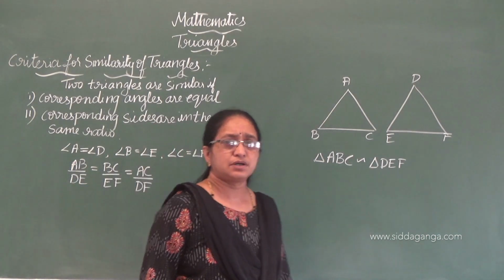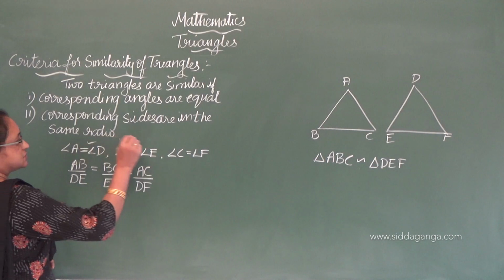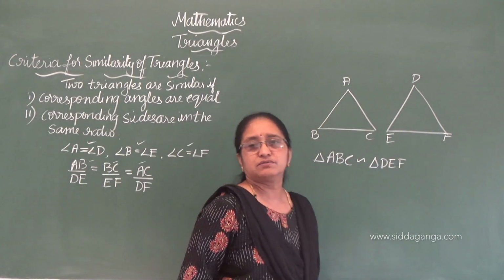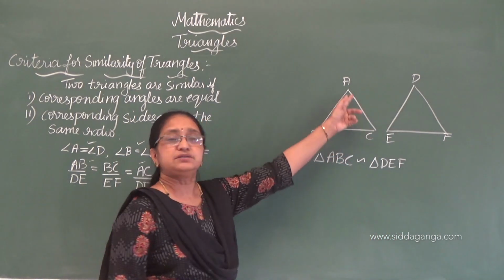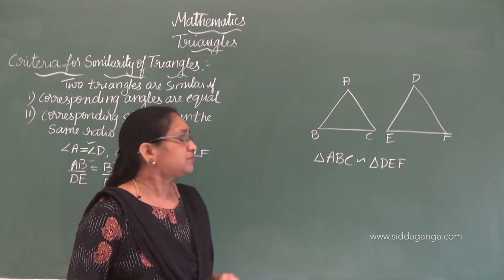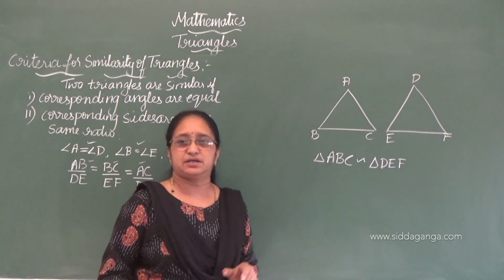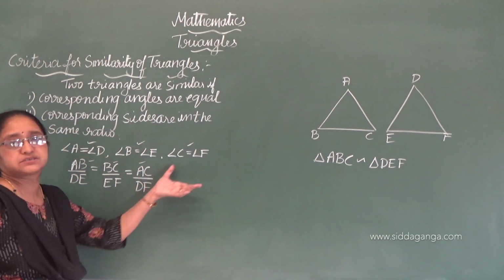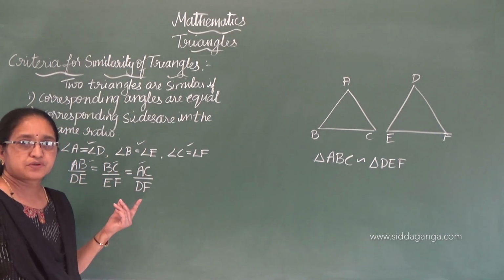Now here we can see the 6 elements. For a triangle we have 6 elements, that is 3 angles and 3 sides. To prove that these two triangles are similar, we need not prove all the 6 elements are equal or the sides are in the ratio.